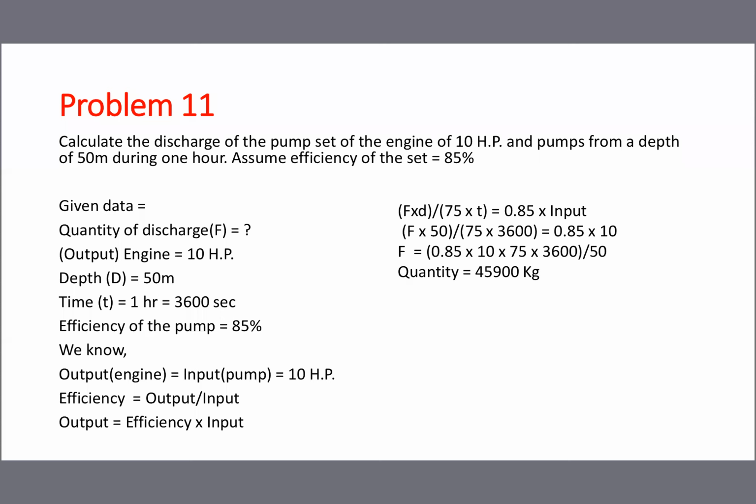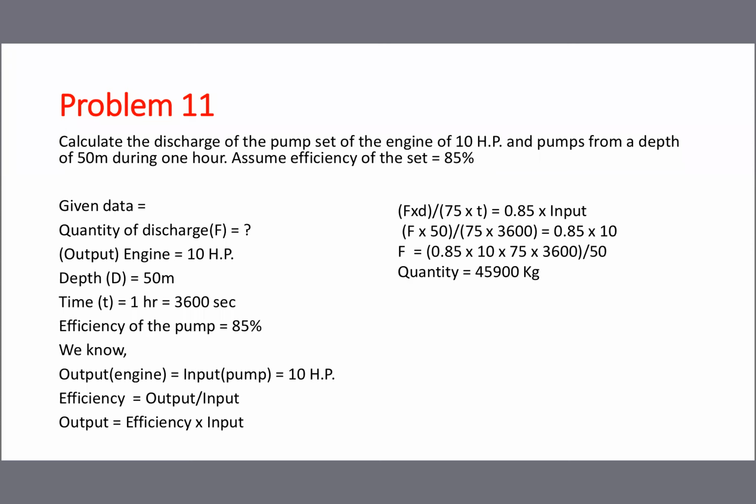So read FD by 75T. On the right hand side we are putting 0.85 into input. F is our question. D is 50 meters, given. Time is also given, 3600, 1 hour, that is. Then input: whatever power is coming out from the engine is going to the pump as input.